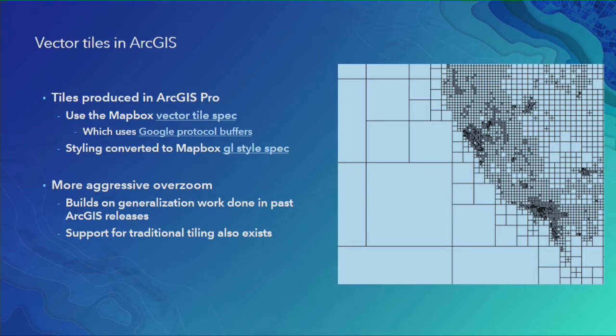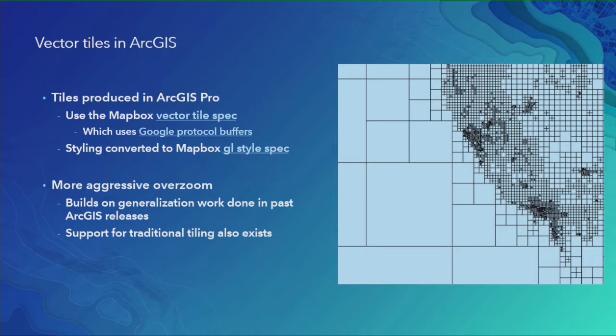And what this allows us to do is create fewer tiles when we create the vector tile package, and also download fewer tiles when we're rendering this on our devices. So it saves on both creation and rendering time.